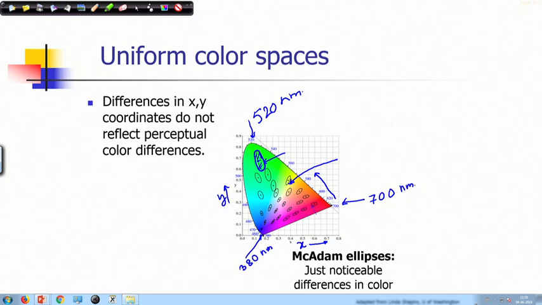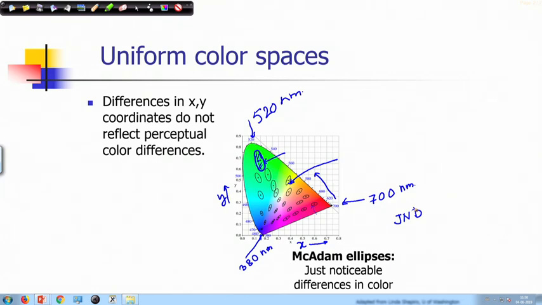These ellipses are known as McAdam ellipses, also called just noticeable difference ellipses, or JND ellipses, a very common acronym. So, if points are within these JND ellipses, the perception of color would be almost similar in our human visual system.